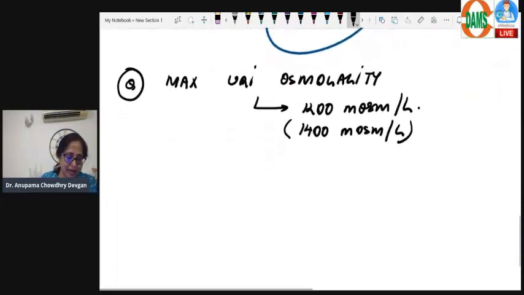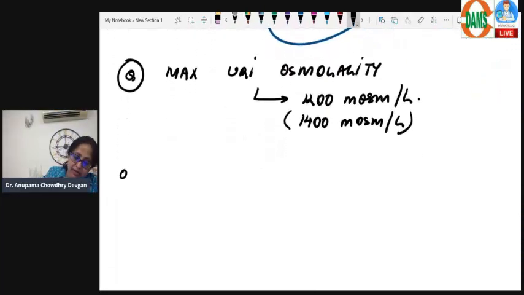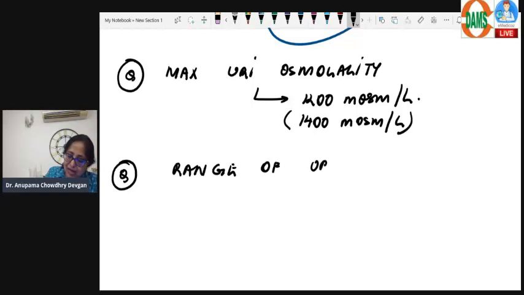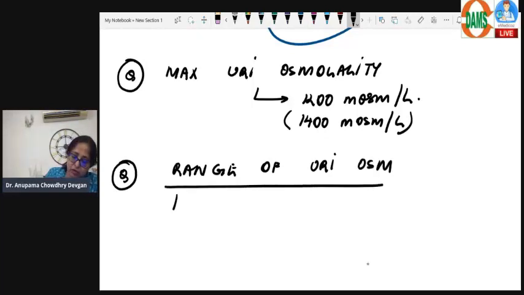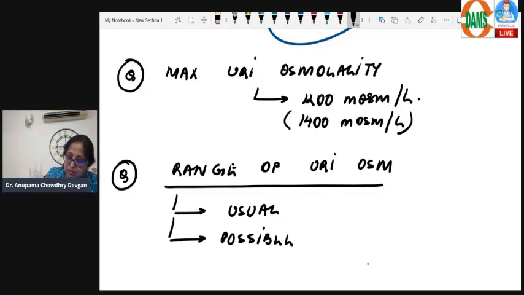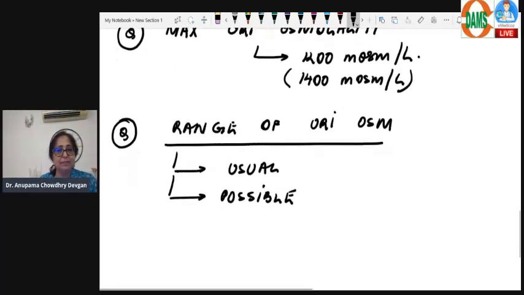Maximum urinary osmolality. Now, the next important question is, what is the range of urinary osmolality? There are two questions over here. What is the usual range of urinary osmolality, and what is the possible range of urinary osmolality?